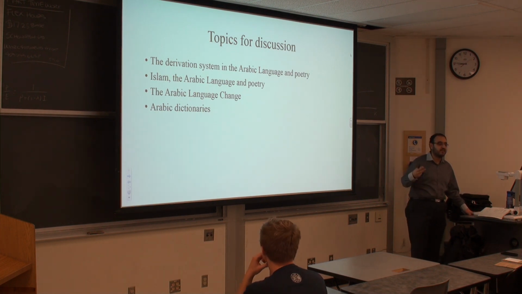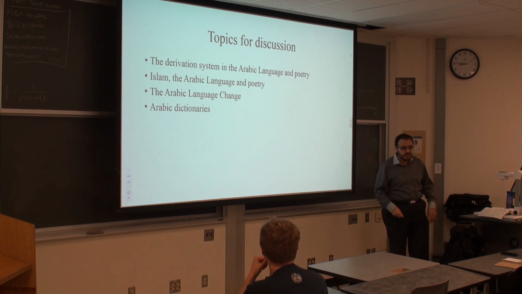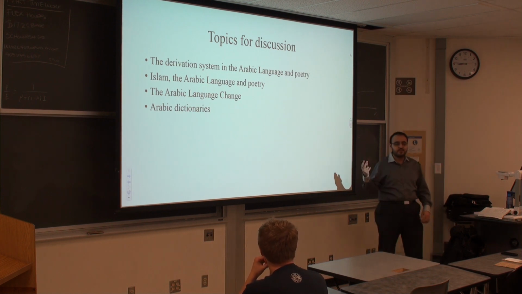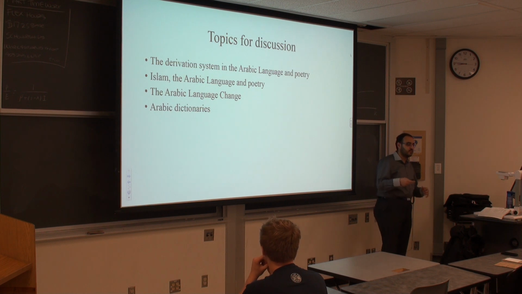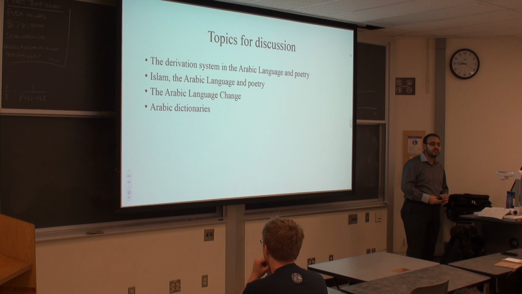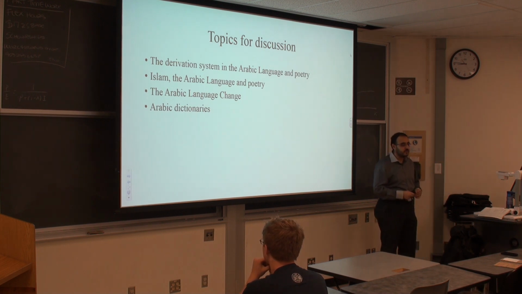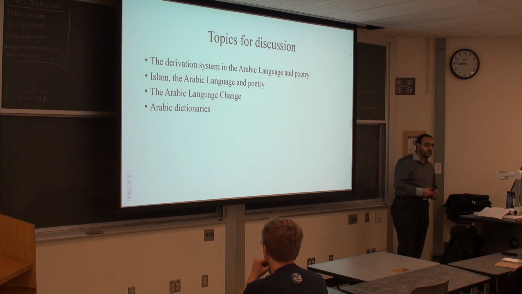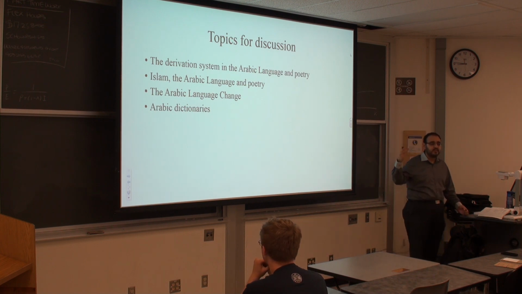Arabs before Islam were constantly fighting against each other, and they were using poetry to indicate the pride of one's tribe. One's tribe usually will be honorable with its poets. So poetry was used to indicate the honor and the pride of one's tribe versus other tribes.